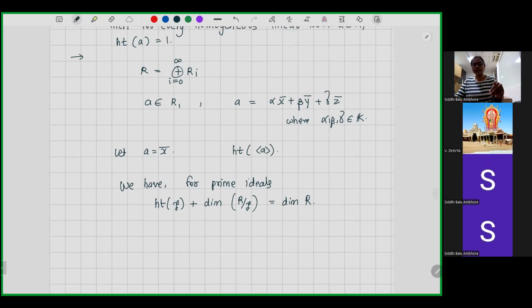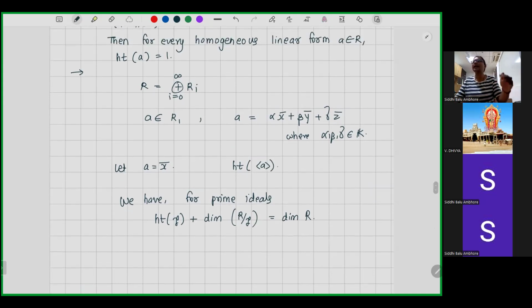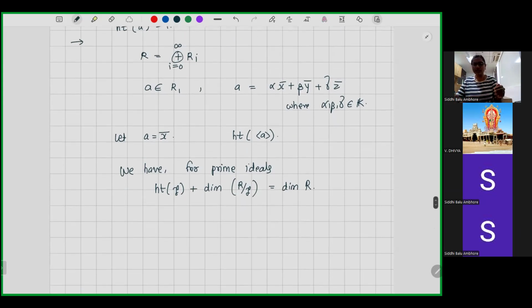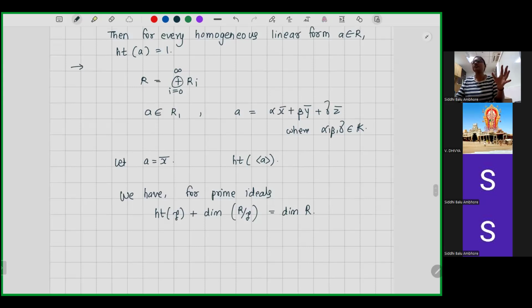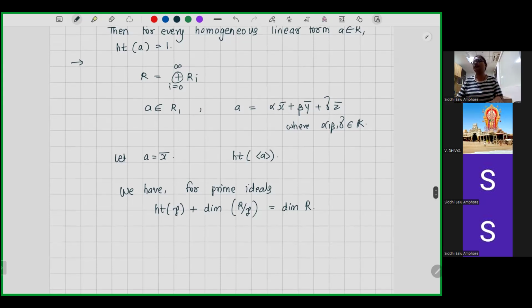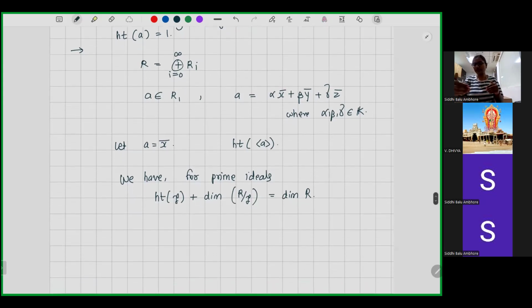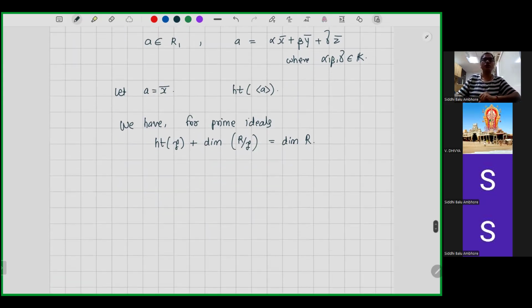But the height of an ideal is the minimum of the heights of all the prime ideals which contain that ideal. So the height of A is the height of one of its minimal primes. When we have to talk about the height of some ideal, we can reduce that problem to the height of its minimal prime. So keep this in mind.